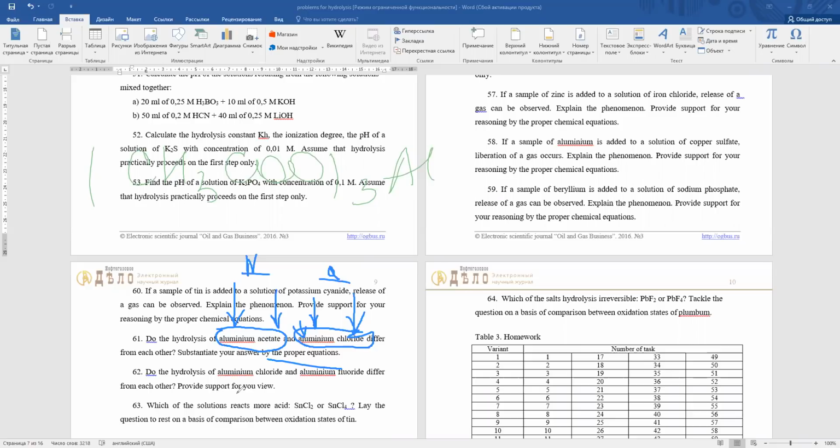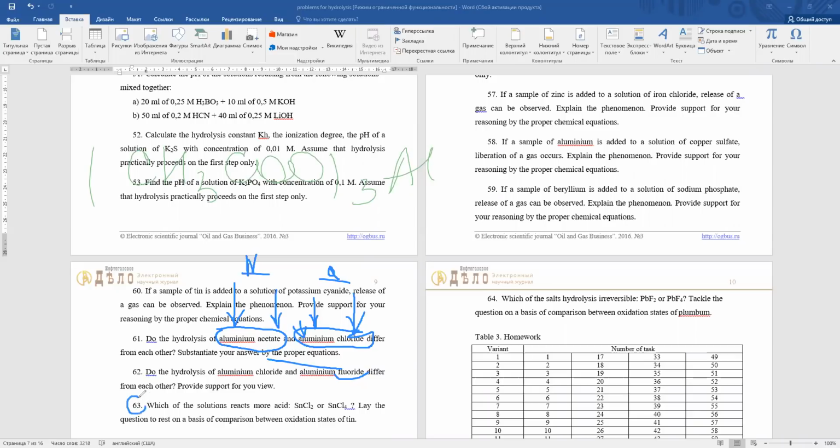I mean, the first one is acidic, which is with aluminum chloride, and the second one is neutral. Yes, you're right. Because hydrogen chloride acid is a strong electrolyte. That's why you can calculate in this way.